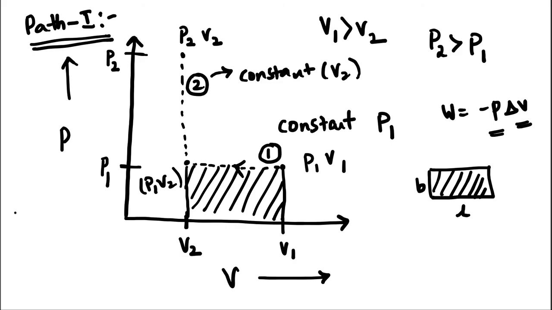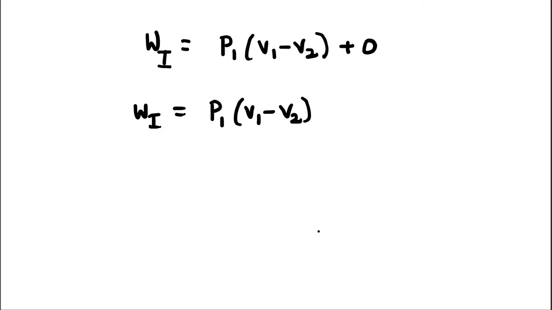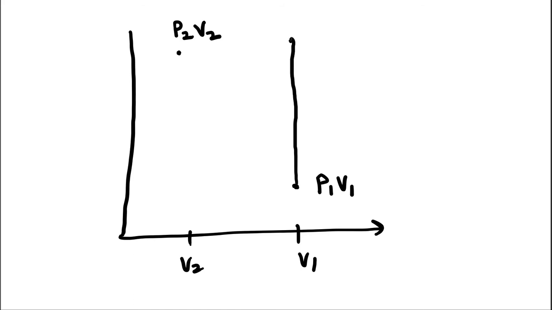This time what we do, we take the system which is at the initial state of P1 V1, and we are reaching the final state P2 V2 in a different path. How? First what we do is a process where the system reaches a state in the middle, that is P2 V1.